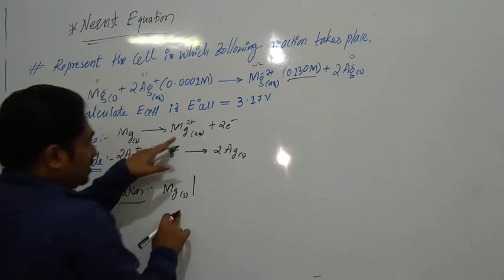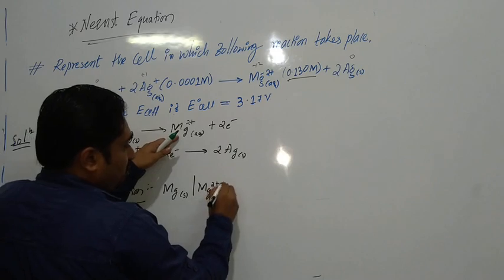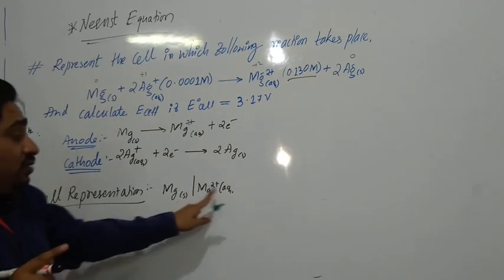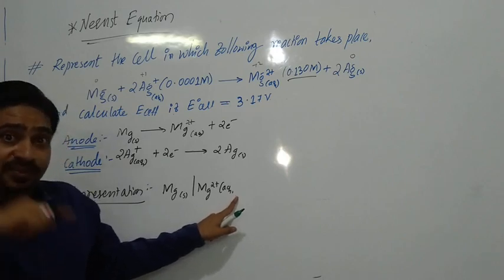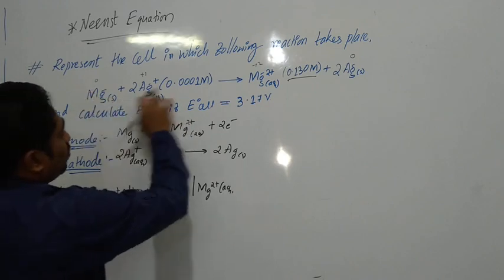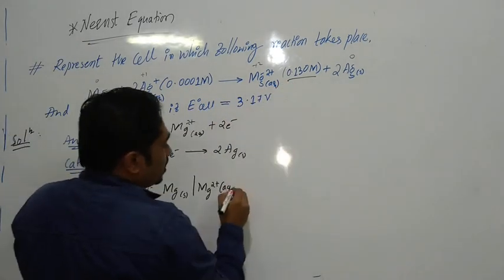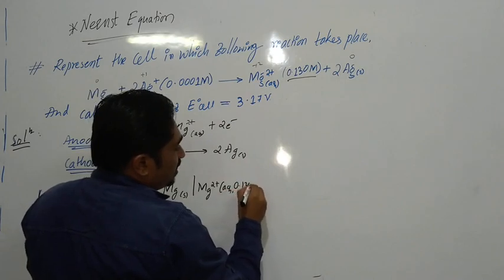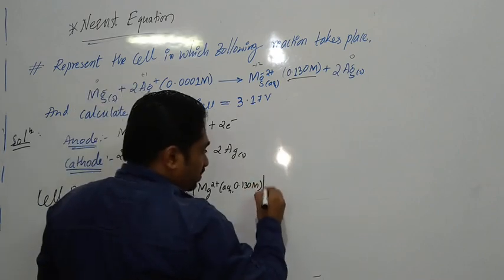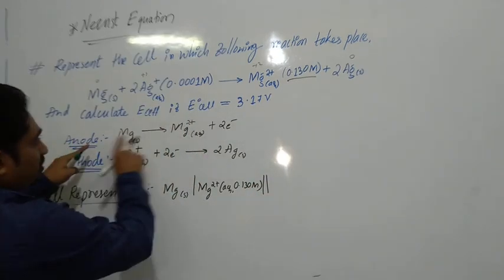It is dipped in metal ions Mg2+ in the aqueous solution, and we have to mention its concentration if it is given, otherwise we write aqueous only. In my question they have mentioned the concentration of Mg2+ ions as 0.130 molar. So this is my anode, separated by the salt bridge, which this indicates.